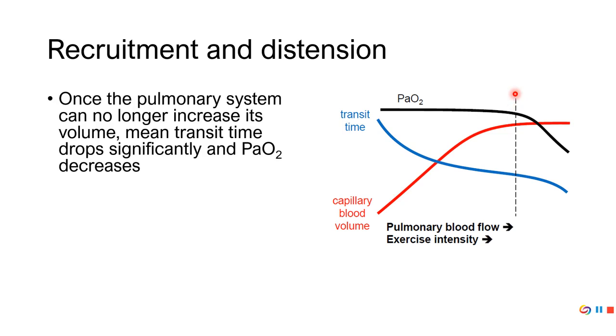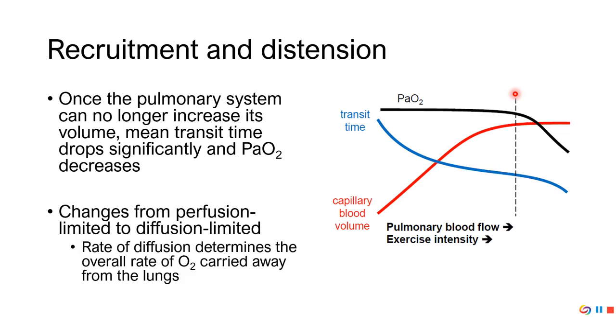And so once the pulmonary system can't increase its volume, transit time will decrease, and so eventually we'll get to a point where arterial oxygen decreases. And so this changes from perfusion limited to diffusion limited.